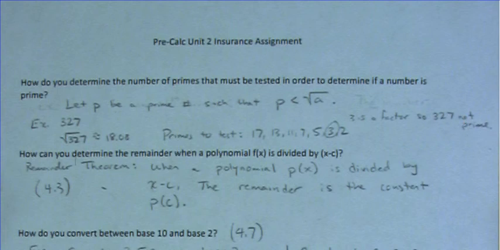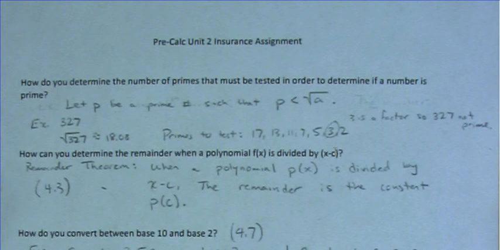The next question is, how can you determine the remainder when a polynomial f of x is divided by x minus c? The remainder theorem is a nice fast way of determining the remainder, so you do not have to go through the division. You can use it as long as you're dividing by x minus c or x plus c.